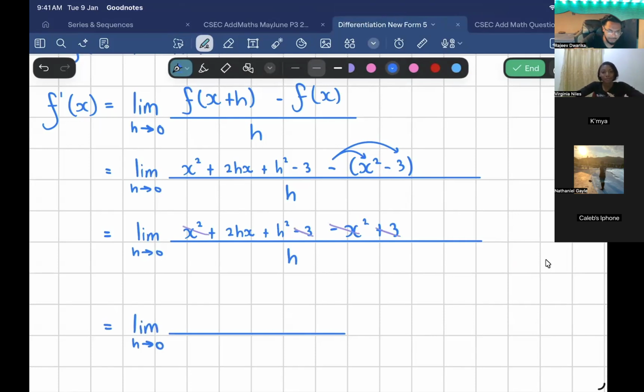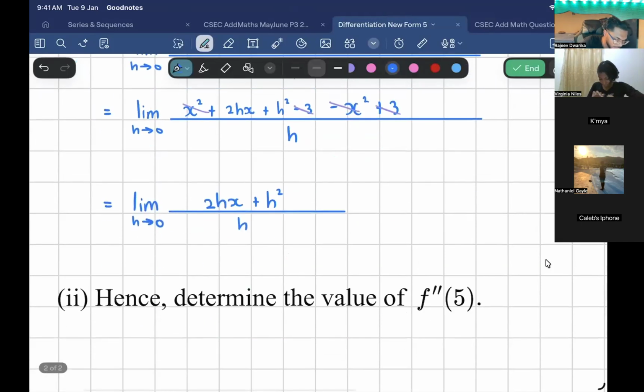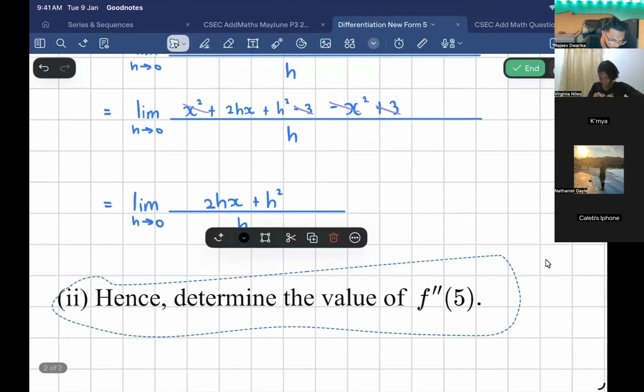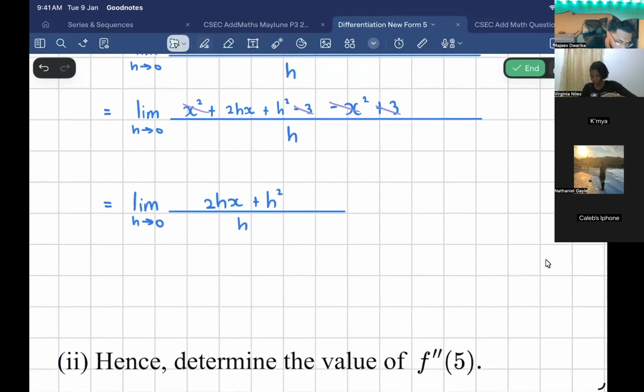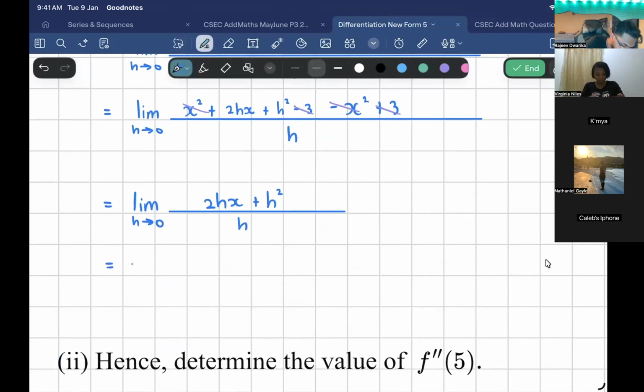So Caleb, after I simplify it, what am I going to write in the next line? 2hx plus h squared over h. Uh-huh. So Caleb, do you see anything you could do moving forward? I think you could cancel out the h.